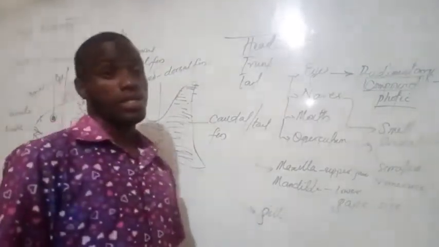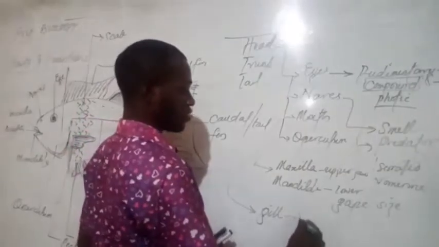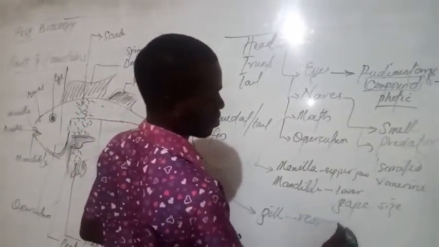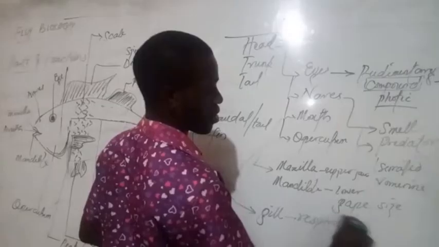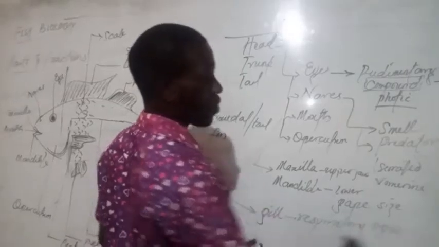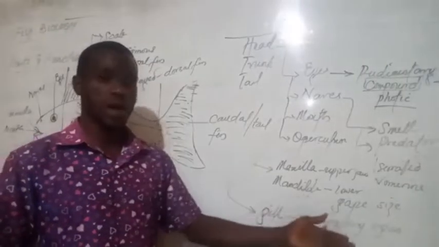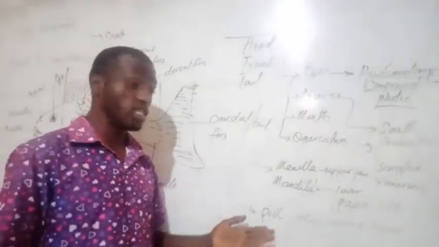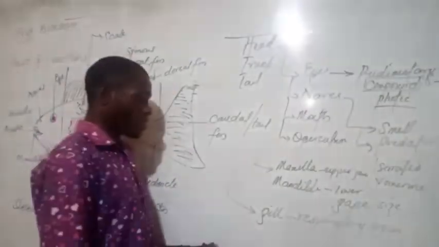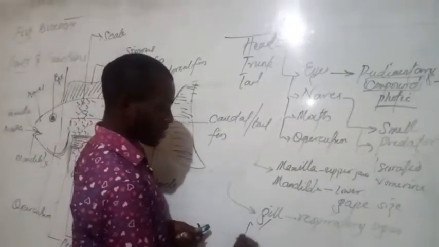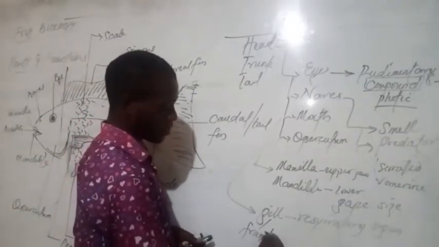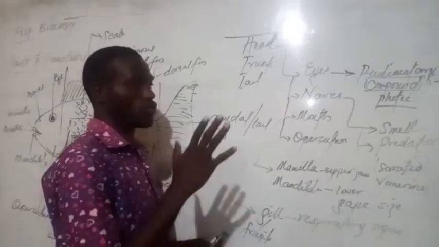Now, the gill is, of course, the respiratory organ of the fish. Since the fish already uses the gill to respire, and the gill is a very flexible, very fragile structure, it has to be protected.